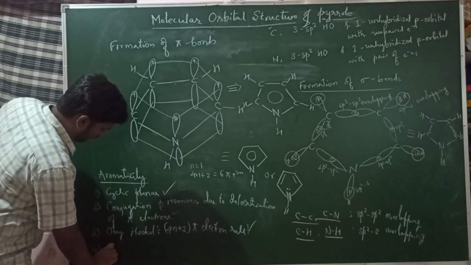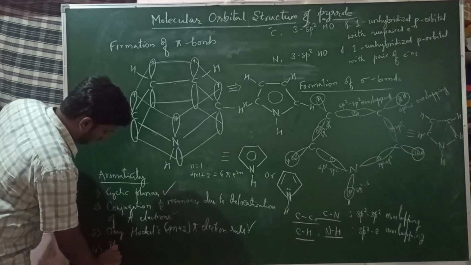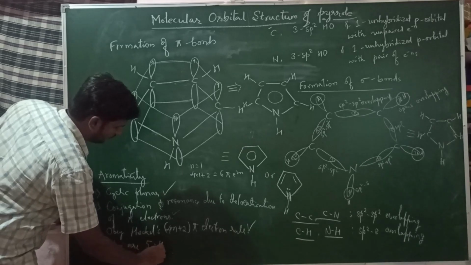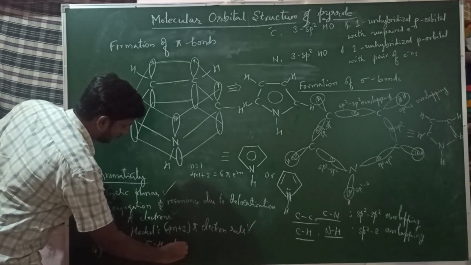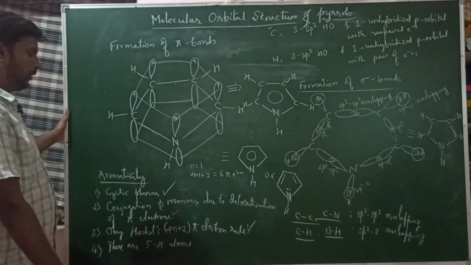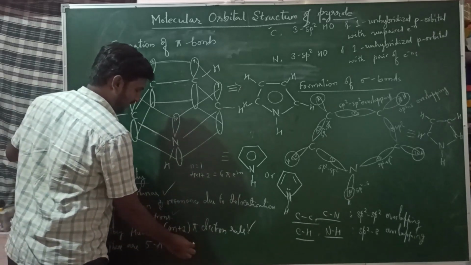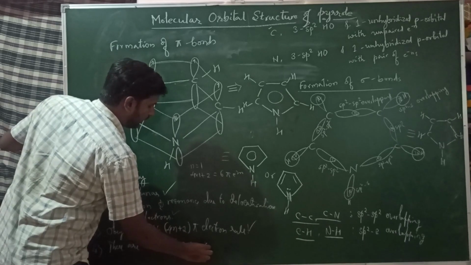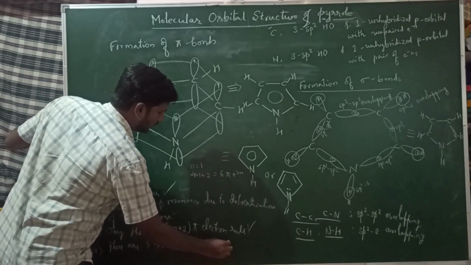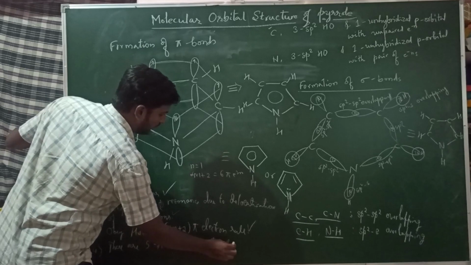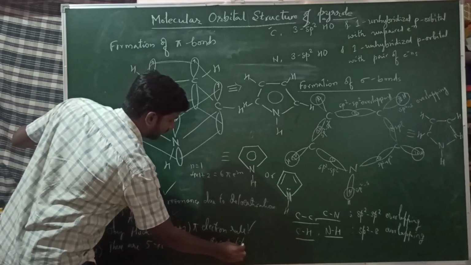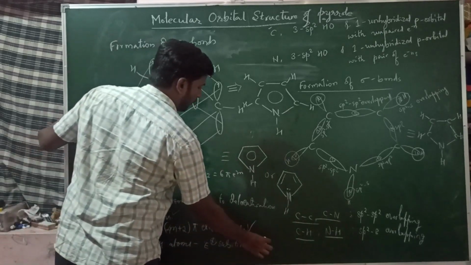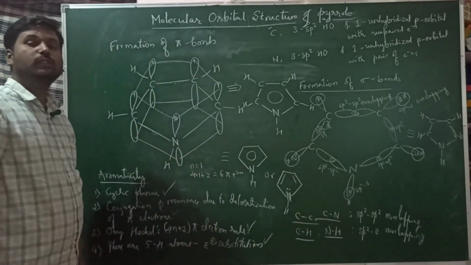So you can write like this: there are 5 hydrogen atoms present in the pyrrole compound, hence it undergoes electrophilic substitution. So this also fulfills the fourth criteria.